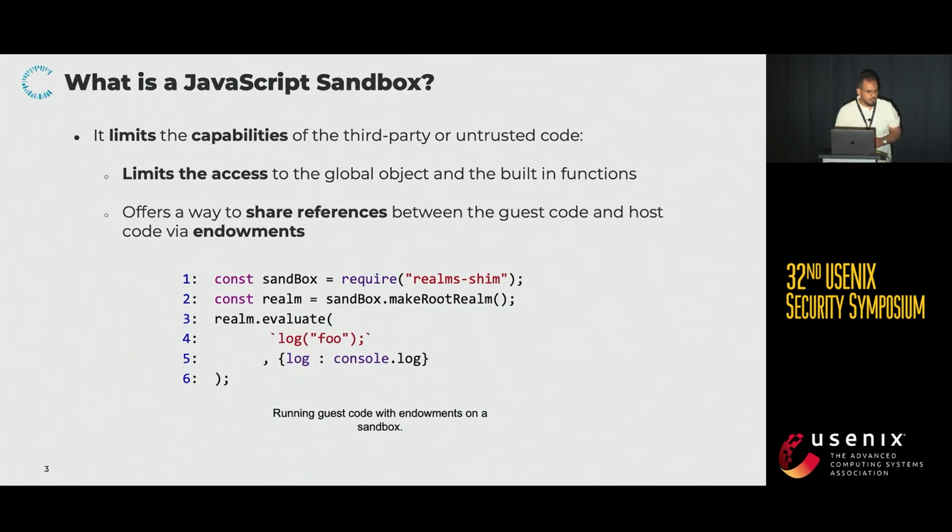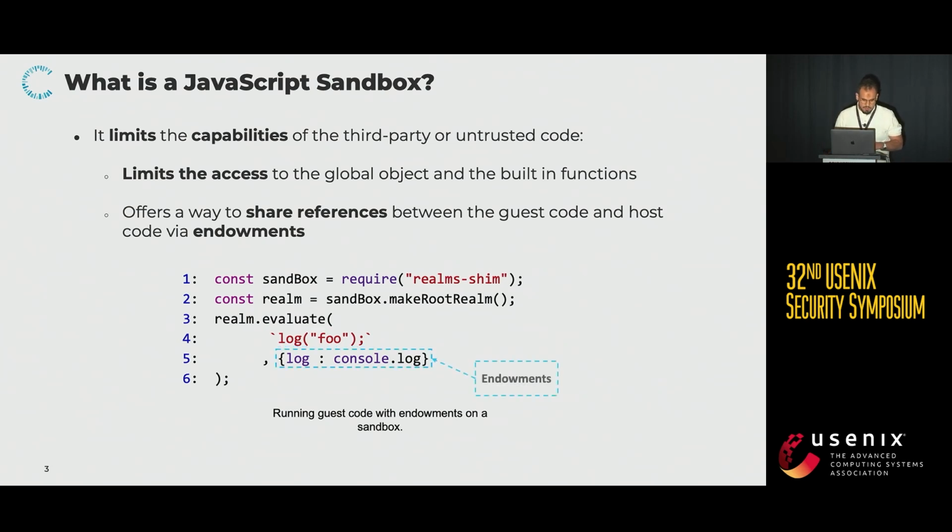Before we start, we have to define what a JavaScript sandbox is. Basically, the JavaScript sandbox limits the capabilities of third-party source code by limiting the access to the global object and the built-in functions. On top of that, to guarantee the functionality of the third-party source code, there is a way to share some references between the main program and the guest code, which is the third-party source code, by endowments.